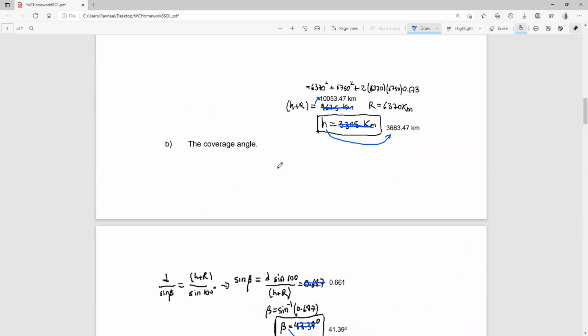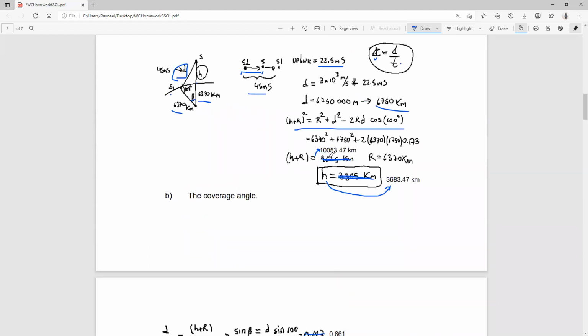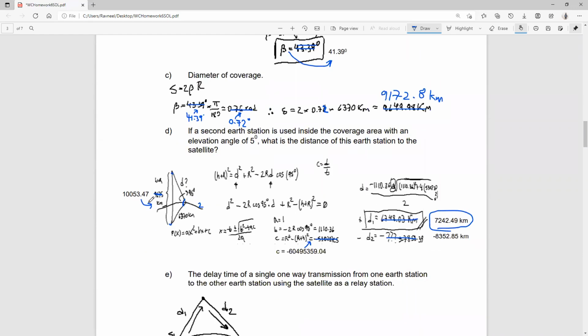The h plus r value that we have found over here is 10,053.47 kilometers, right? The unit is kilometers. So we know this side, this side is unknown, and we have one angle that we know, that is 95 degrees. So we can use the cosine rule, right?